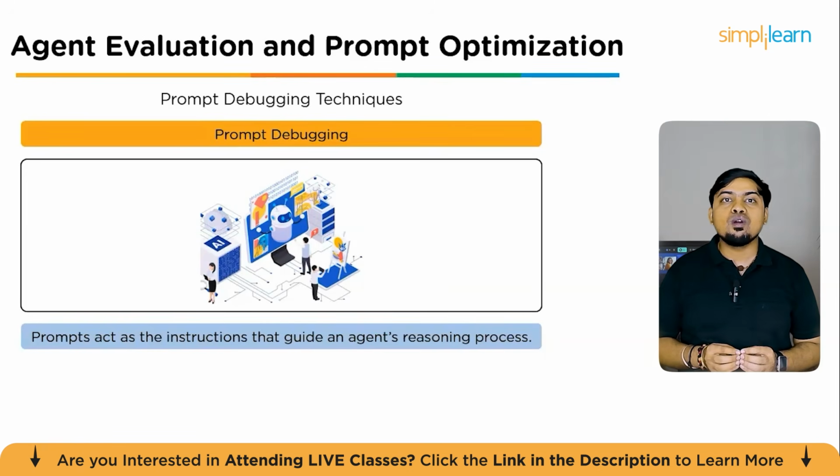Providing examples, what we call few-shot prompting, often helps the model understand expectations more clearly. Another important technique is explicitly defining the agent's role and objective. And finally, logging intermediate reasoning steps allows developers to see where failures are occurring. In many ways, debugging prompts is very similar to debugging code. Small changes can produce surprisingly large improvements.